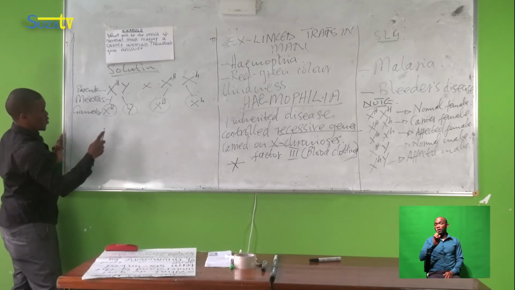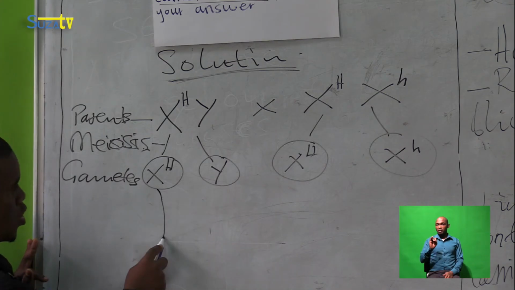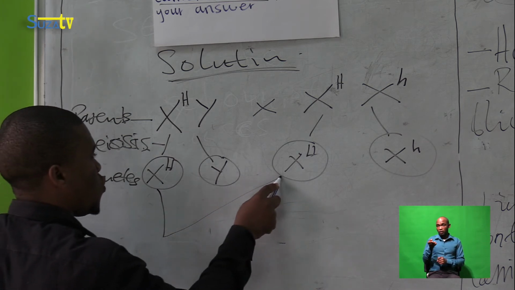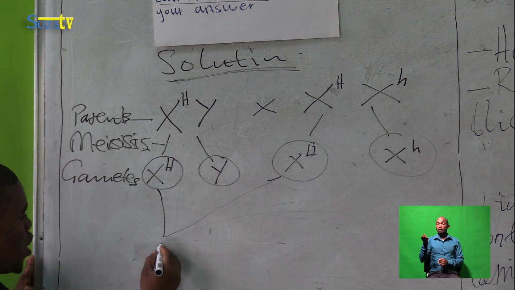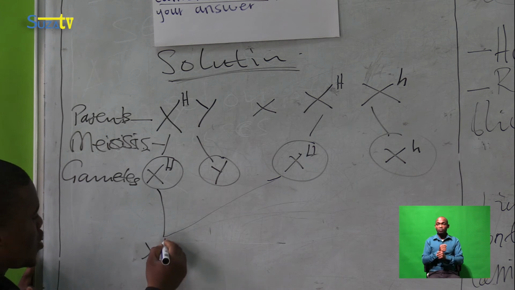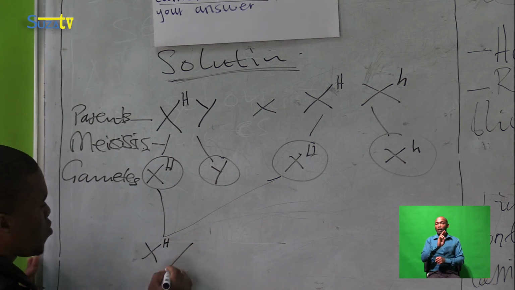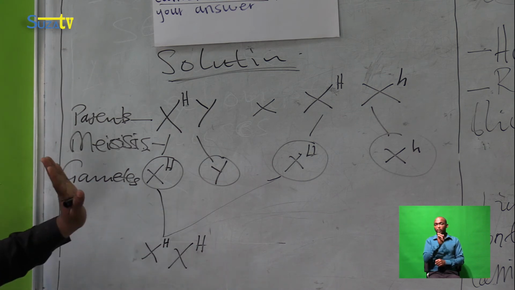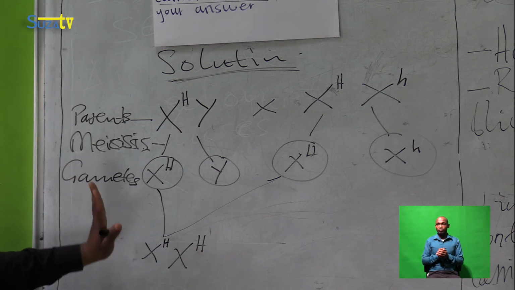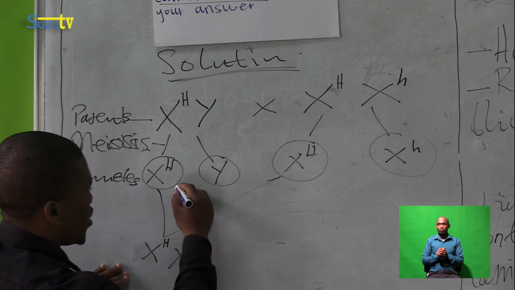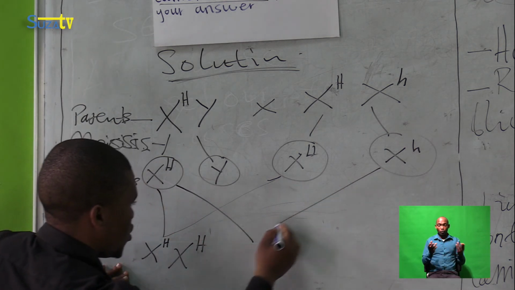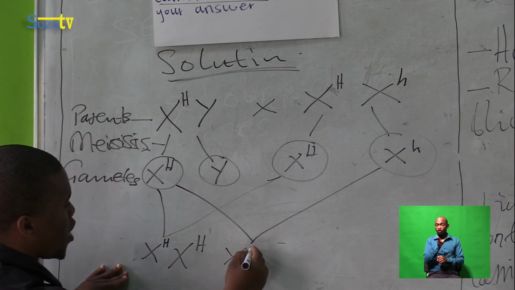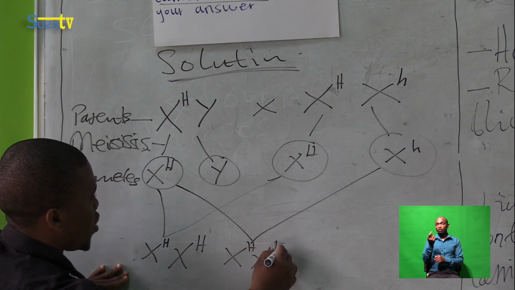If that is the case, we take this one and we cross it by this one. So we will get XX, and all chromosomes possess the X dominant gene. And later on we take this one and we will get XHXX.